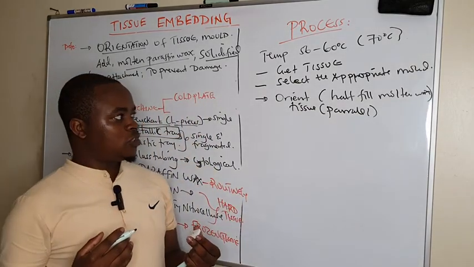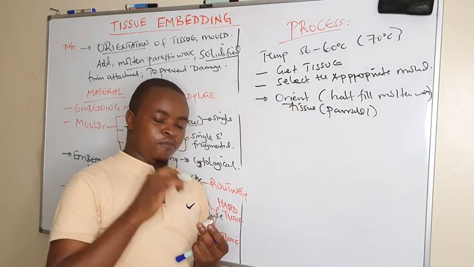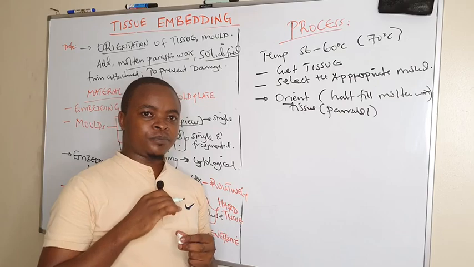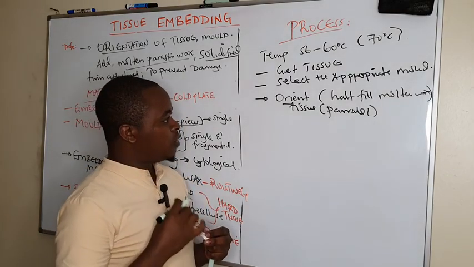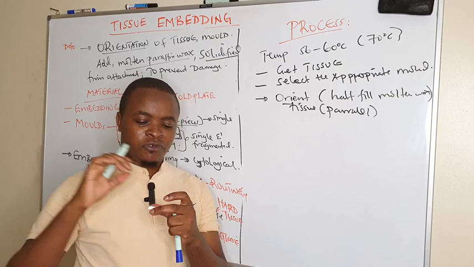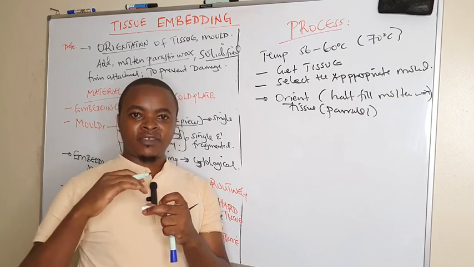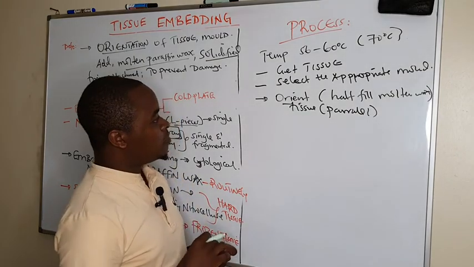After orienting the tissue using a forceps, making sure the tissue is in a parallel position with the mold, note that during grossing, we normally define the cut surface. So the cut surface should be facing the bottom of the mold.